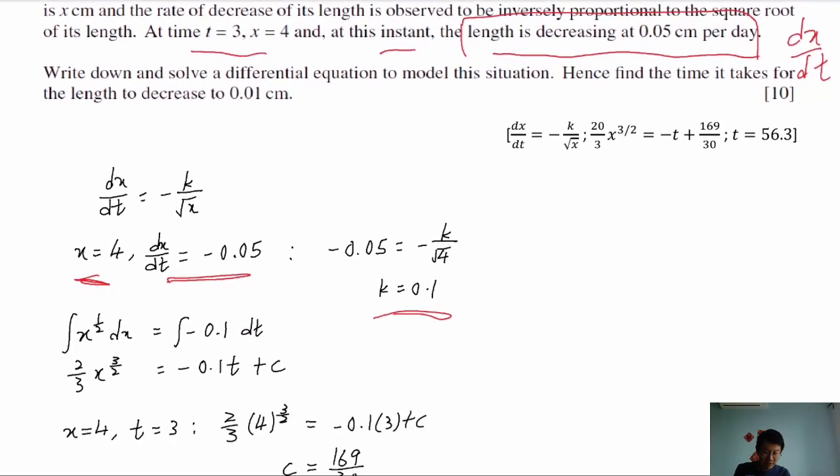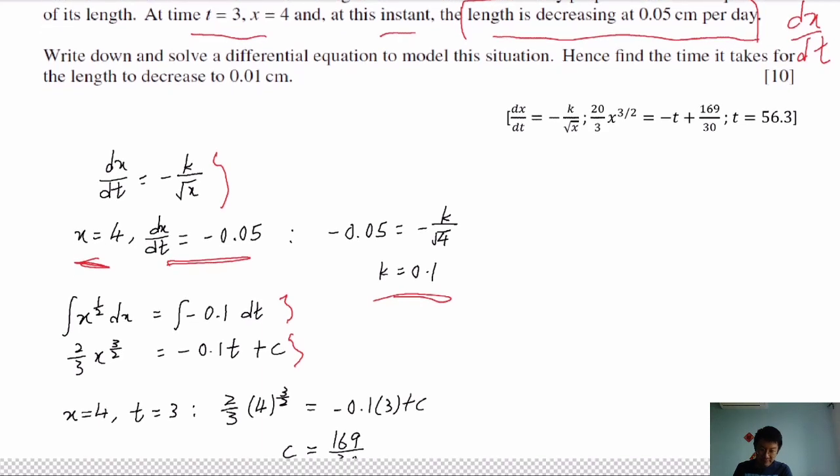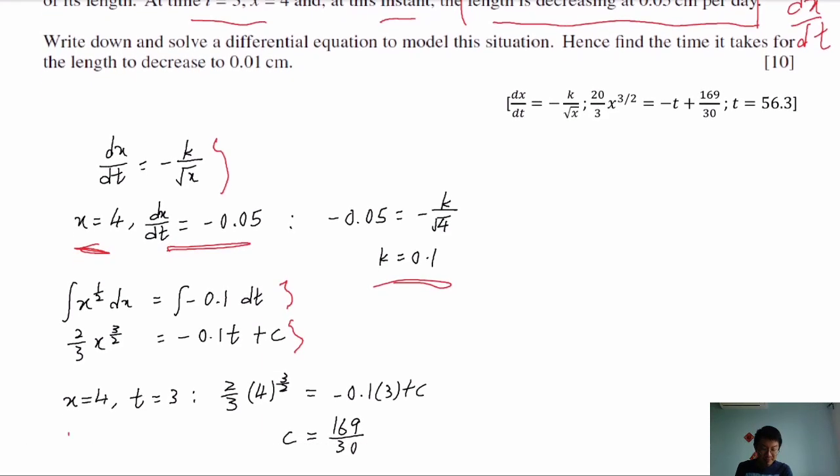For the next one, from this equation we have to rearrange the variables, separate the variables into x and t, and integrate accordingly. It's not difficult to integrate from that. After that we have to sub in the values again.